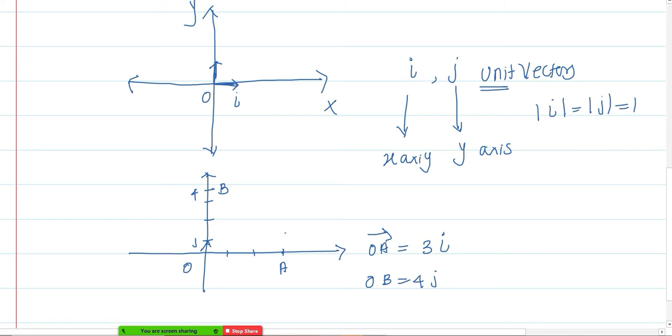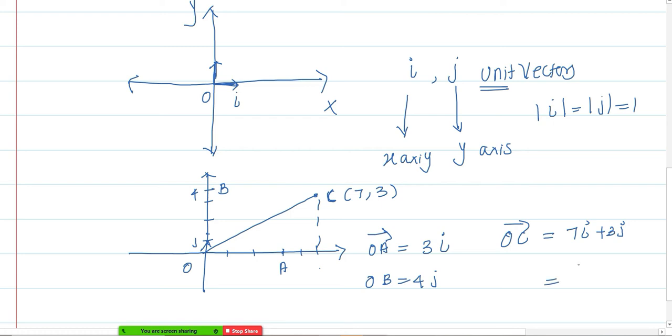Let's consider one more point, which we take as C. The point is C, which is 7, 3. Then the OC vector is: 7 units it moved along the x-axis direction, the horizontal axis, and vertically it has moved 3 units. So you can write it as 7i plus 3j.